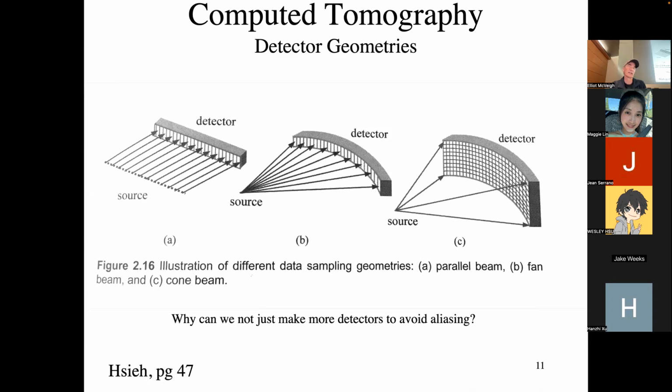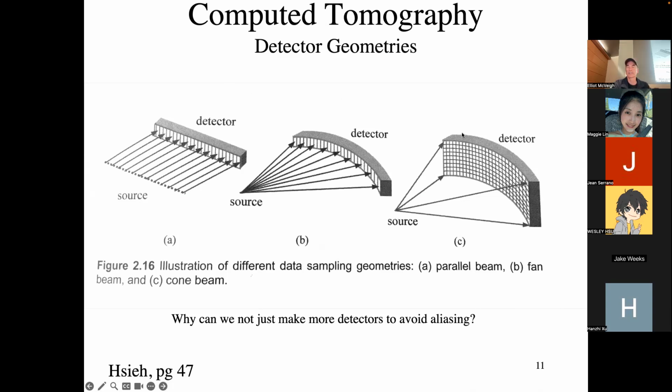Most CT scanners, 99% of CT scanners in the world, the distance between each one of these little sampling units is about 1 millimeter, on that order. So you have this array of detectors that are separated by 1 millimeter in theta, which is this direction, and in z, which is this direction.